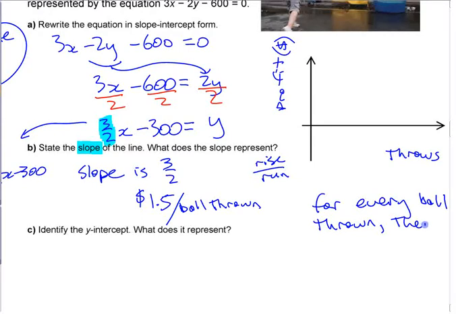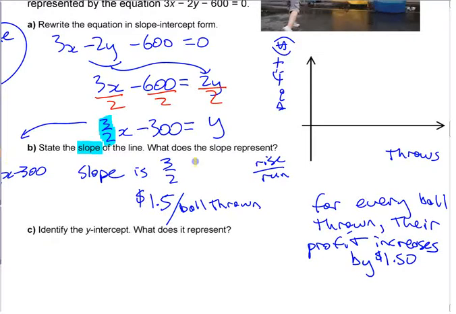Let's say their profit increases $1.50. Okay, $1.50. What is a y-intercept?